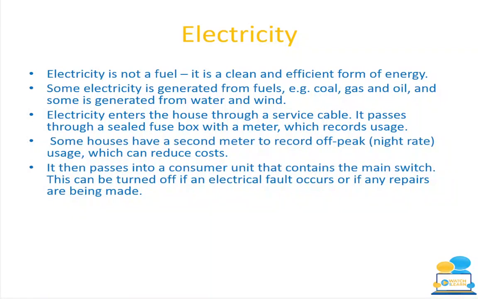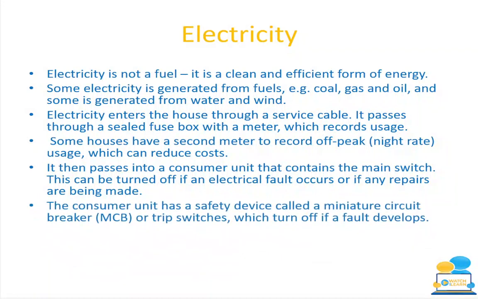So what happens is it then passes into a consumer unit that contains the main switch, okay? This can be turned off if there is an electrical fault or if any repairs are being made. So sometimes the safety device, which is called an MCB or miniature circuit breaker, will trip.